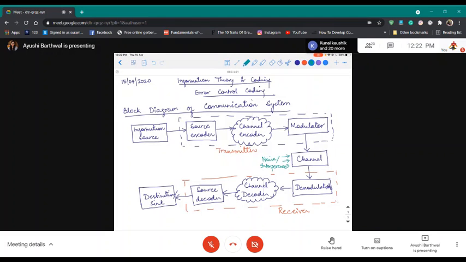Because of the presence of noise, what happens with the binary data that you transmit? Suppose you have transmitted data 10101. It might happen that because of the noise present in the channel, the data that you receive over here has one bit changed, and it might change to 10111. So this is noise. That means your complete information has changed now.